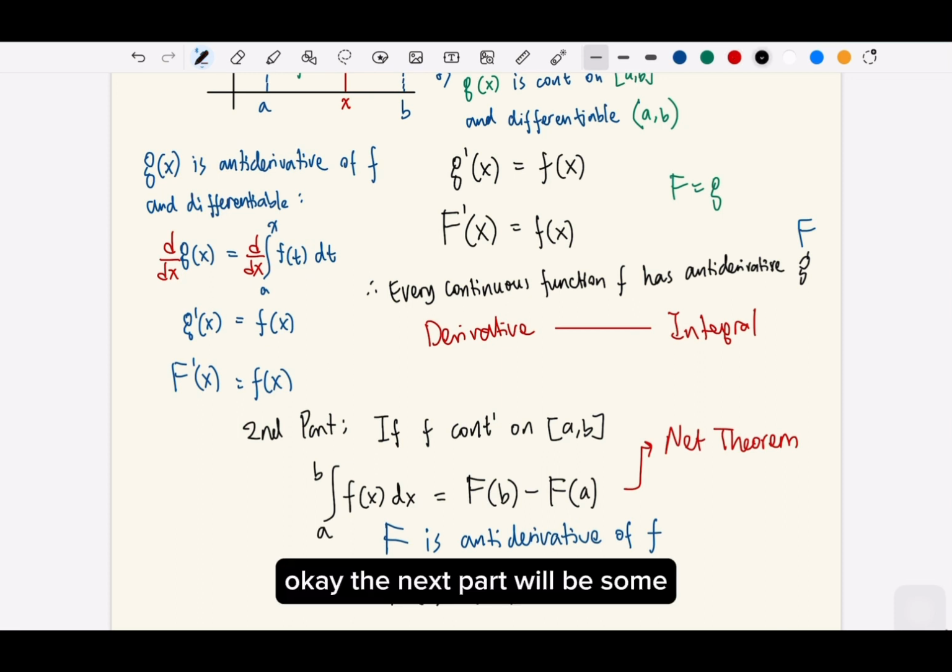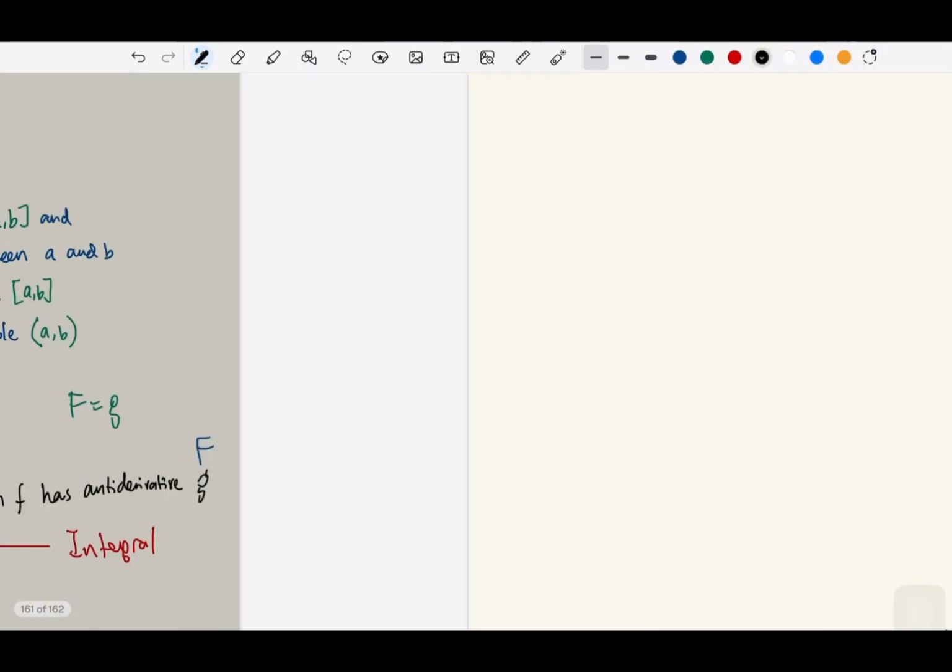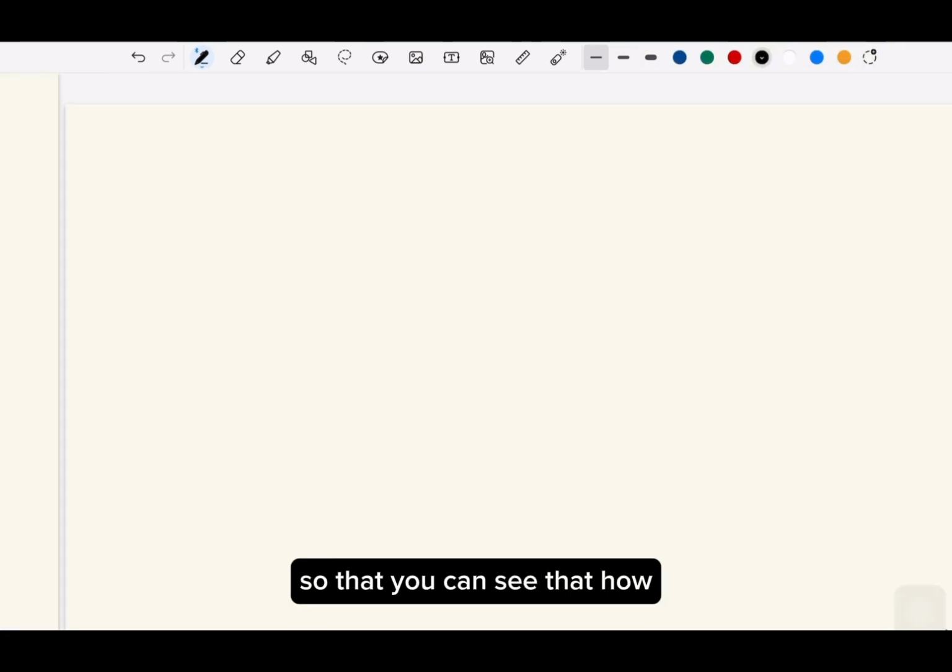Okay, the next part will be some proving on this, at least the fundamental theorem, so that you can see how we could get the conclusions.